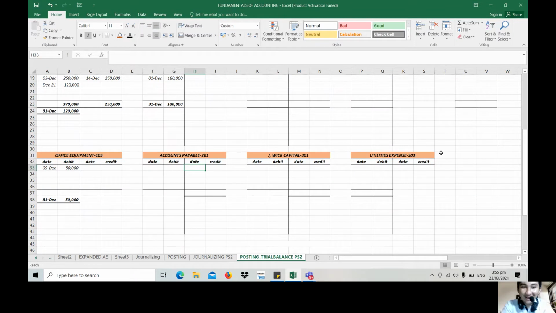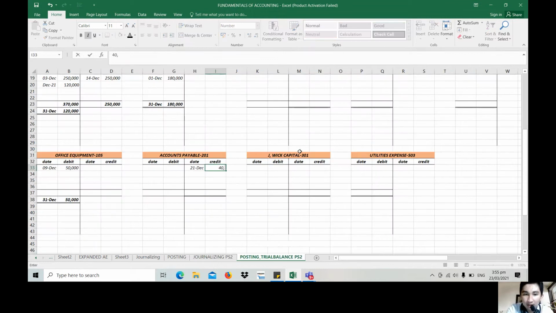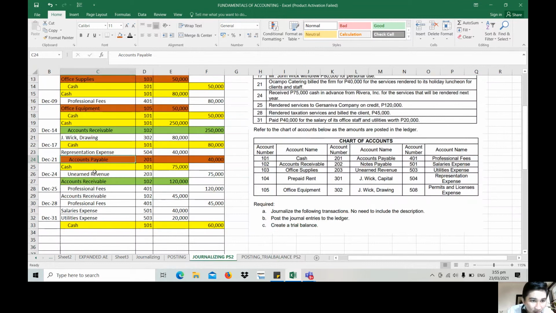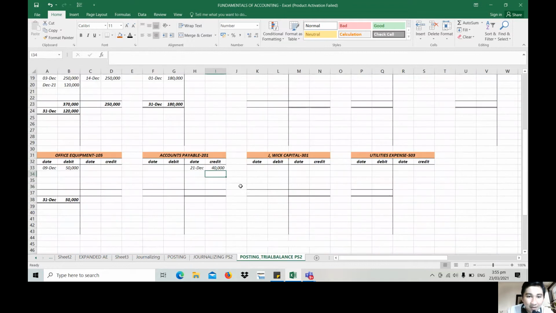Credit ang normal balance na accounts payable. Meron pa bang accounts payable dito? Wala na. Okay. So therefore, hindi pa natin nabayaran yung utang natin. December 31, the balance of accounts payable is 40,000.